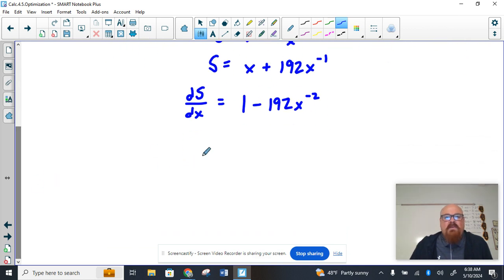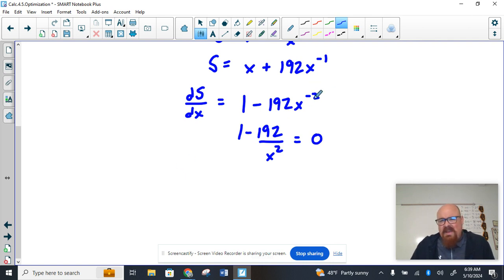If we set this derivative equal to 0, I'm going to rewrite it now. Okay, because if I do that, having a negative exponent in here can be kind of confusing when it comes to solving for x, right? But when we look at this statement, we've got this x squared that's on the bottom. Okay, we've got any number of ways that we could go about solving this. Here's what I would propose.